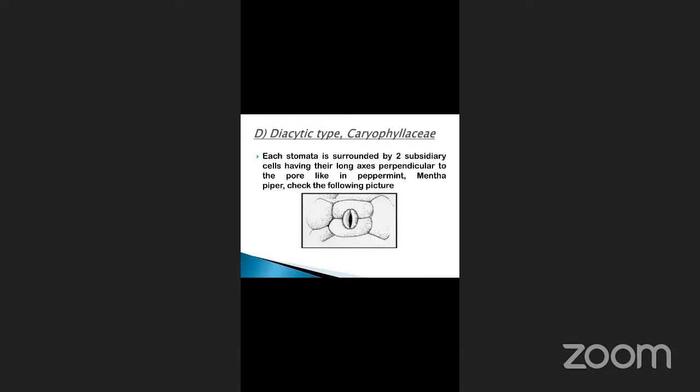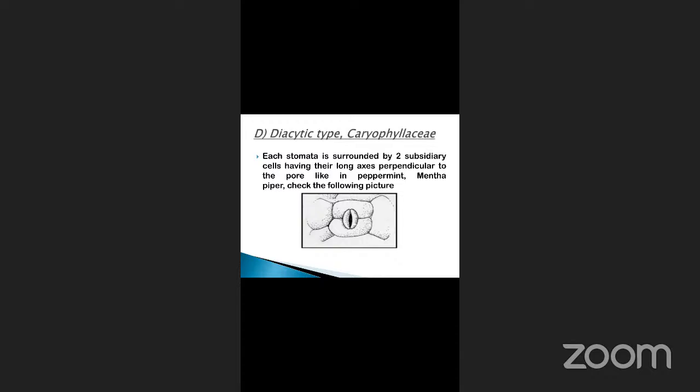Many Lamiaceae family members show this type of diacytic or cross-walled cells. Also peppermint, mentha, piper, all show diacytic stomata.